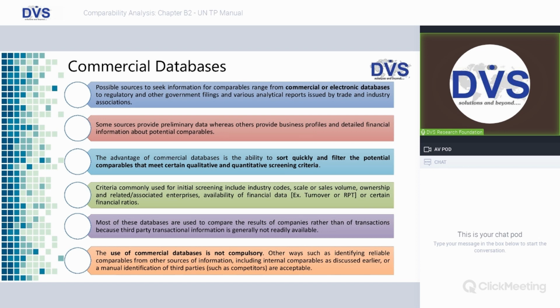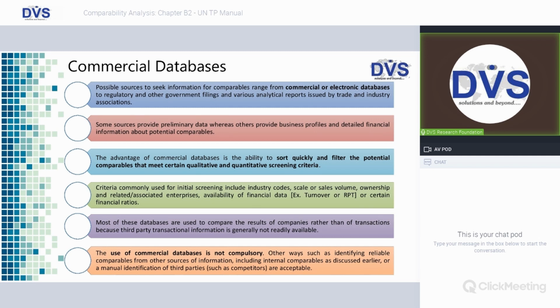Say, for example, you have a company for which a transfer pricing study needs to be done. The company management may say that yes, company X or company B are our comparables, but when we are using TNMM or the cost plus method, we need to use a database and apply various quantitative filters like year criteria, turnover criteria, export turnover criteria, employee to turnover ratio, and related party transactions.